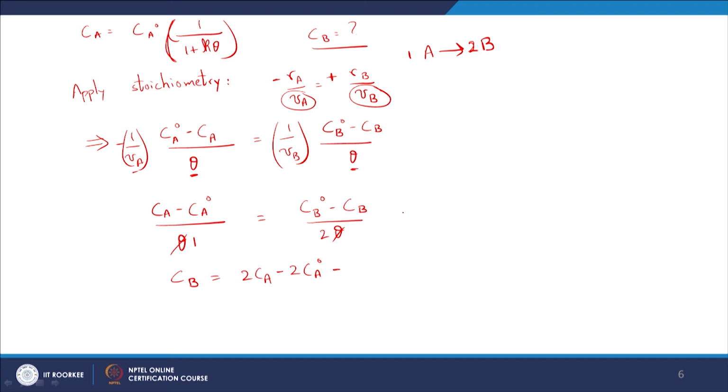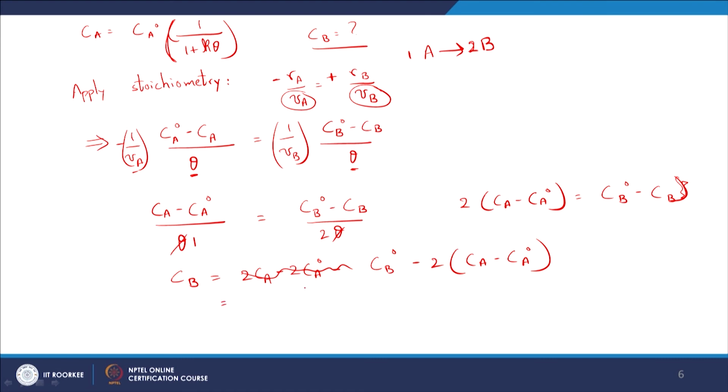One second please, let me simplify that for myself. 2 times (Ca minus Ca naught) is going to be equal to Cb naught minus Cb. So if I take this whole term to the left hand side, Cb is equal to Cb naught minus 2 times (Ca minus Ca naught), right?